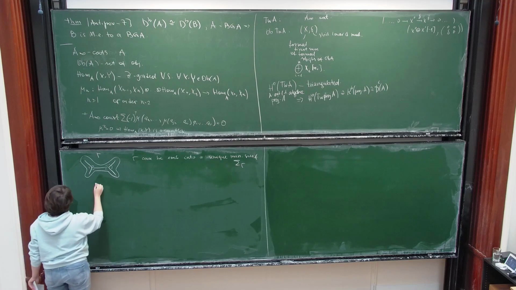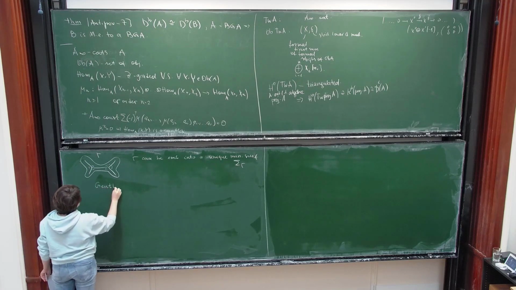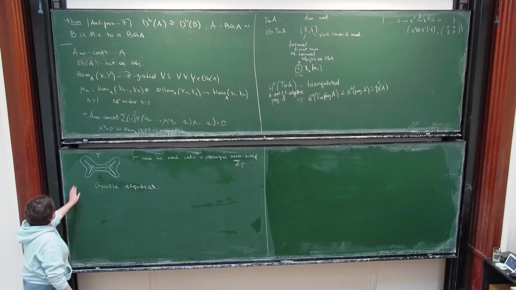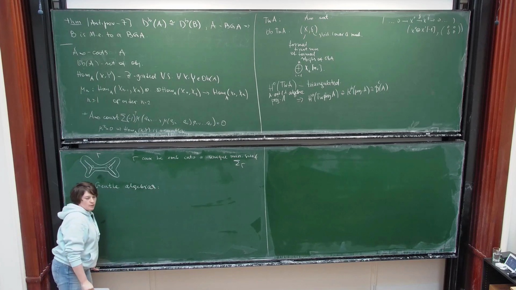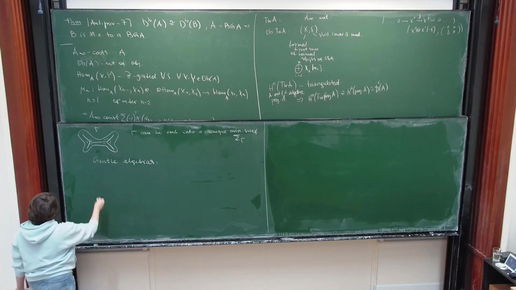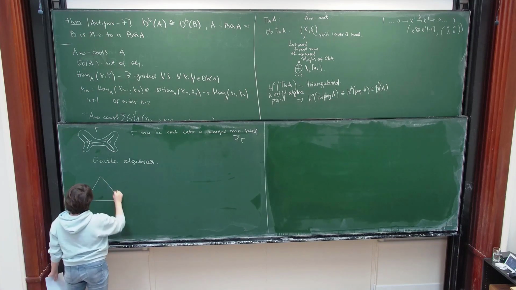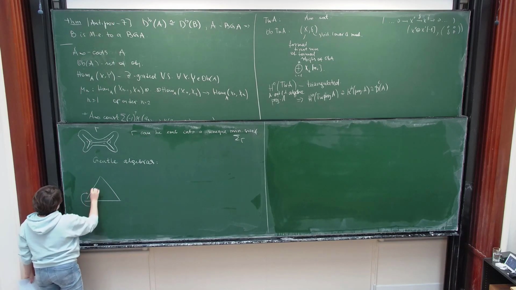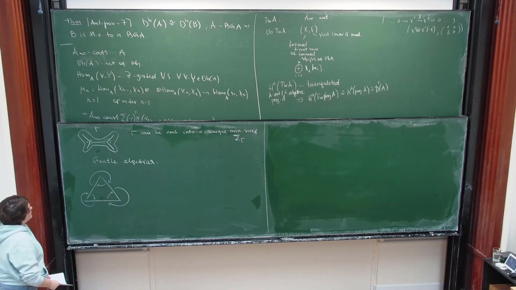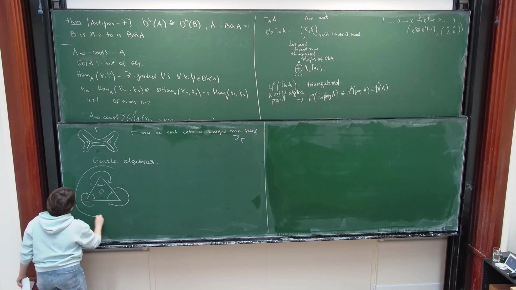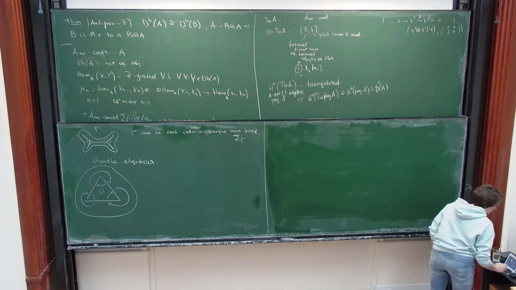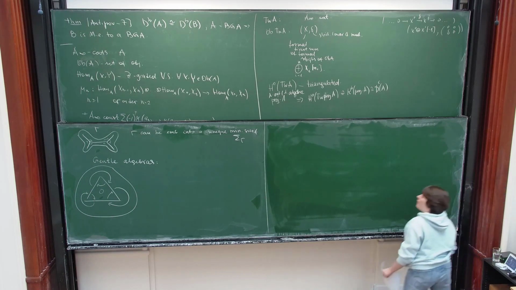Okay, so now the connection with gentle algebras. I'm not going to define what they are, but they are all going to be constructed from Brauer graph algebras, so you can take this as a definition. So now if we have a Brauer graph algebra, for example, the algebra associated to this graph here, so we have the surface, and then in each cycle of the Brauer graph algebra, we can fix one arrow.